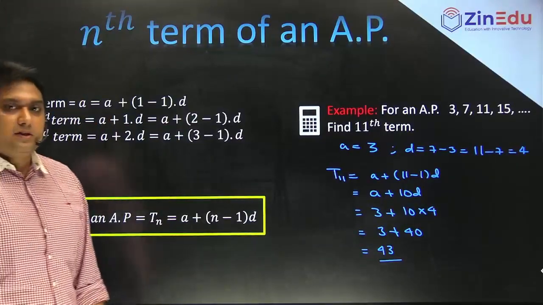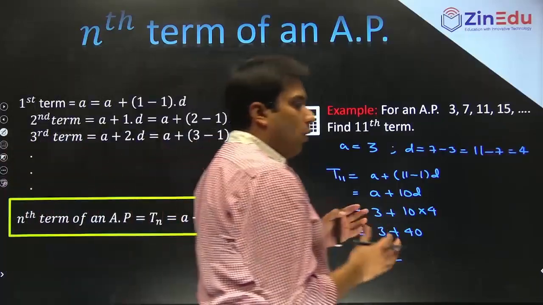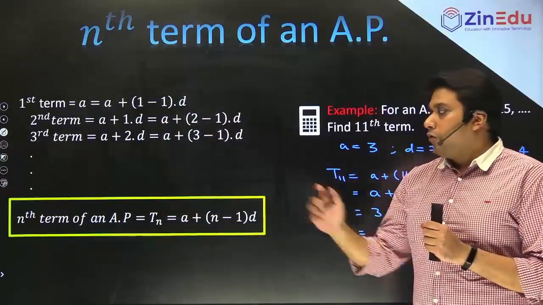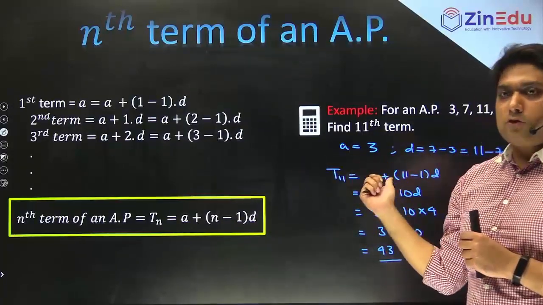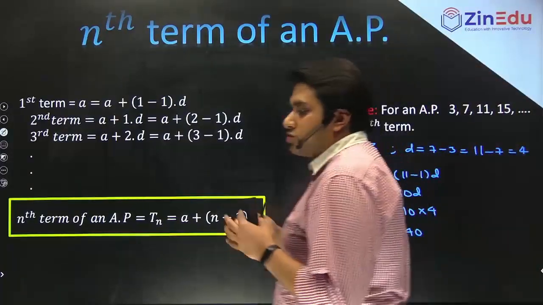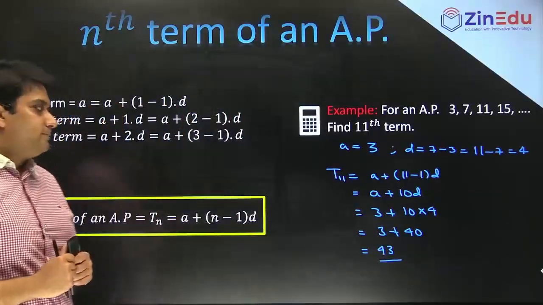I hope it is clear how we have formed the formula of the nth term of an AP, and how we will be solving these types of questions in which the question requires us to find any term of the given sequence.